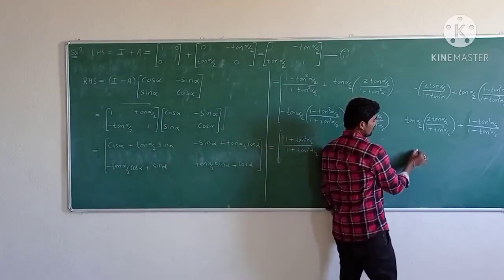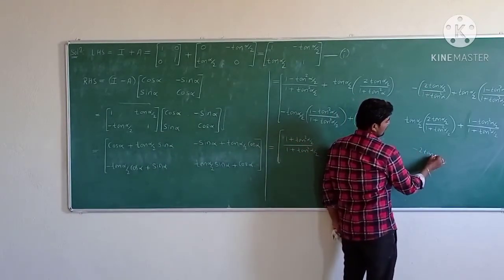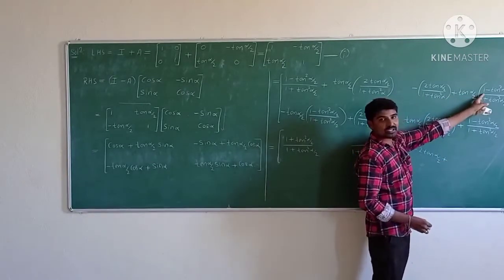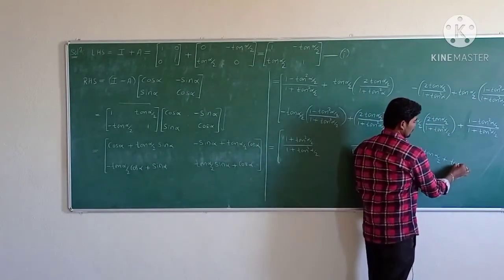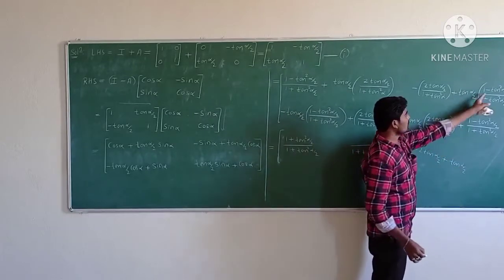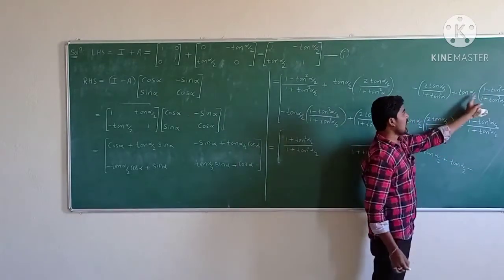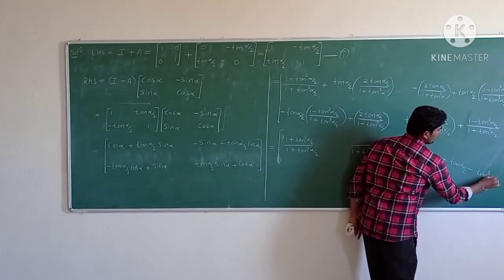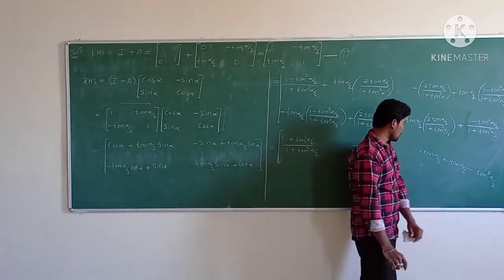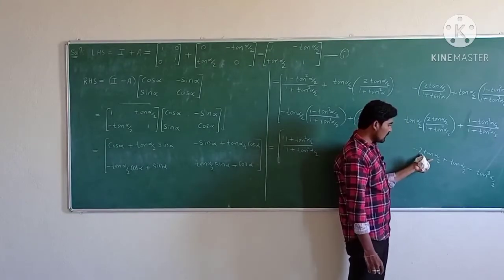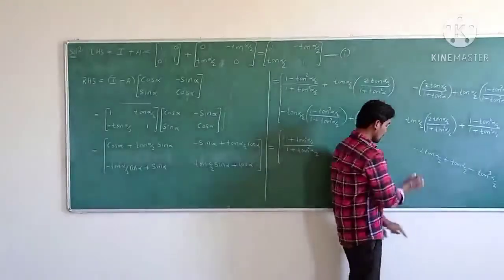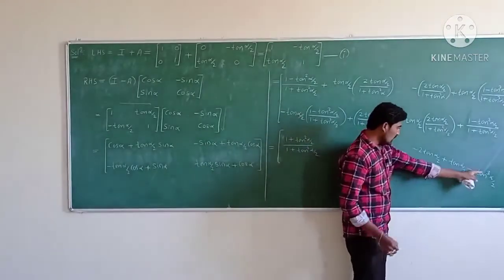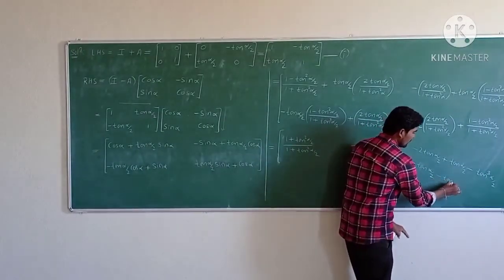1 minus 2 tan alpha by 2 plus tan alpha by 2 into 1 minus tan alpha by 2 into tan square alpha by 2, which is tan cube alpha by 2. Now minus tan alpha by 2 plus tan alpha by 2 gives minus tan alpha by 2, and here we get minus tan cube alpha by 2.